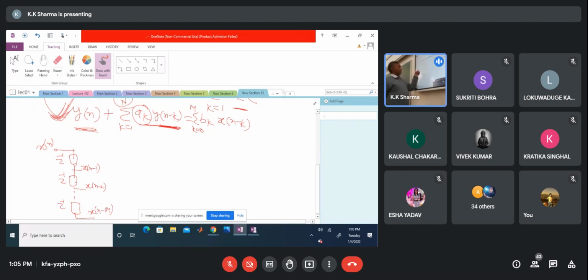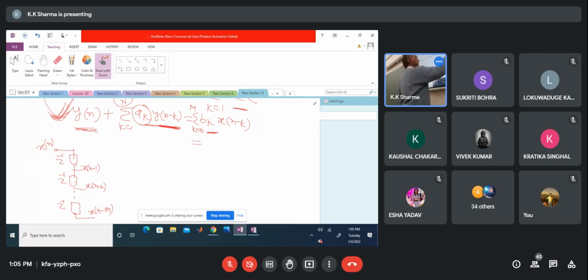Just by passing the input signal through multiple delay elements, I obtain these delayed versions of the input. Now these are to be multiplied by bk.